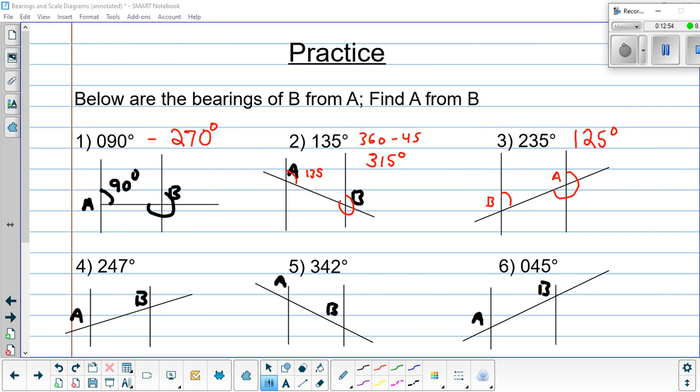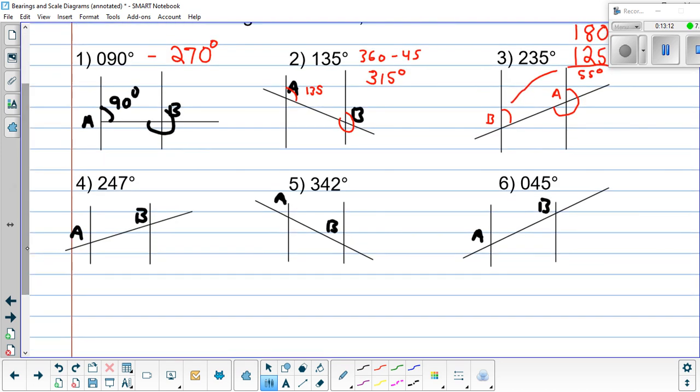Now we have to subtract that from 180. So we take 180, subtract that 125, and we'll find out our bearing for here is going to be 55 degrees. Moving down, and I really apologize for doing my labels like that so quickly earlier. We're going 247, so we're doing that again. So this is A, we're going to B, so we're doing 360 minus off this 247, and this will give us this angle right here of 113.